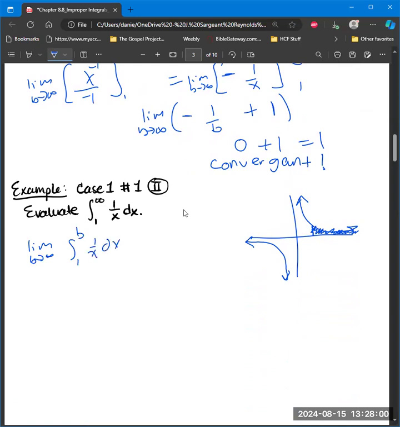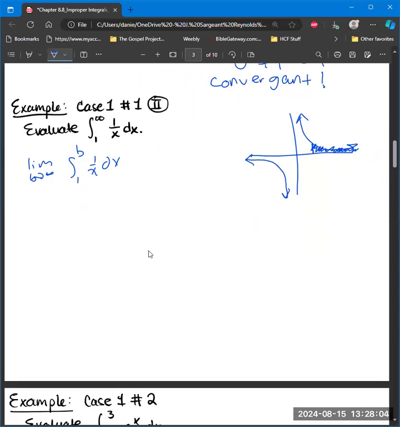What do you know that's different? Here I used the power rule. Here I'm going to have to use the ln rule, right? So this is the limit as b goes to infinity of ln of the absolute value of x evaluated from 1 to b, which is the limit as b goes to infinity of ln of the absolute value of b minus ln of the absolute value of 1, which is just ln of 1.